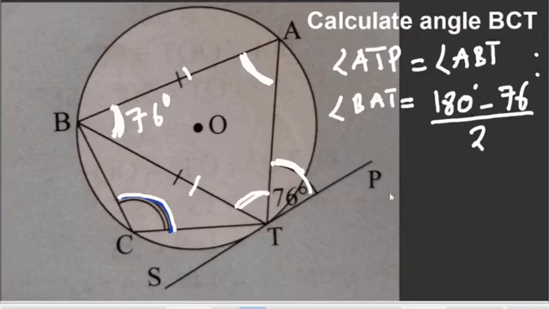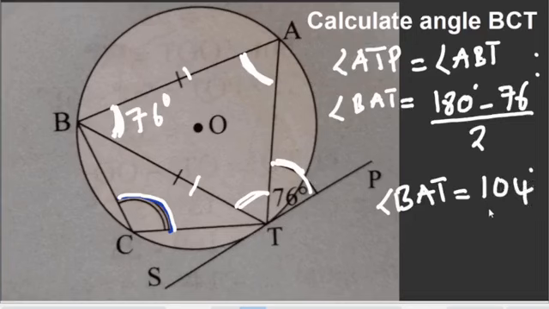So angle BAT is equal to, when we get now 180 minus 76, this will give us 104 degrees. So this will be 104 degrees divided by 2.